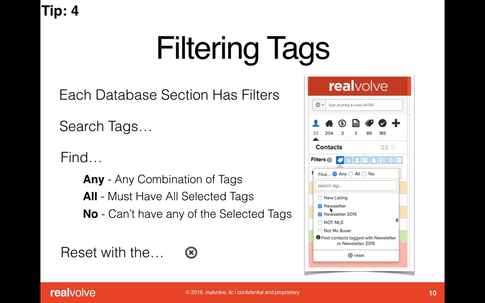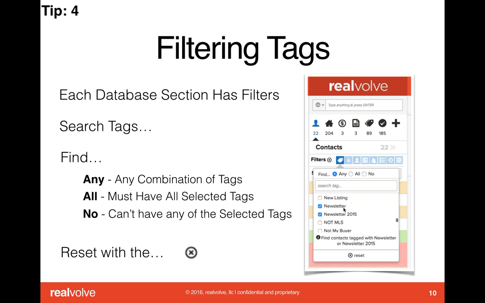But if you wanted to send a particular email to everybody that has newsletter, whether it's newsletter or newsletter 2015, you have the option of checking both of those checkboxes. And then what it'll do is it will show you everybody that's in your database. And I'm just showing my sample training database. There's 22 people in my database that have either newsletter or the newsletter 2015.